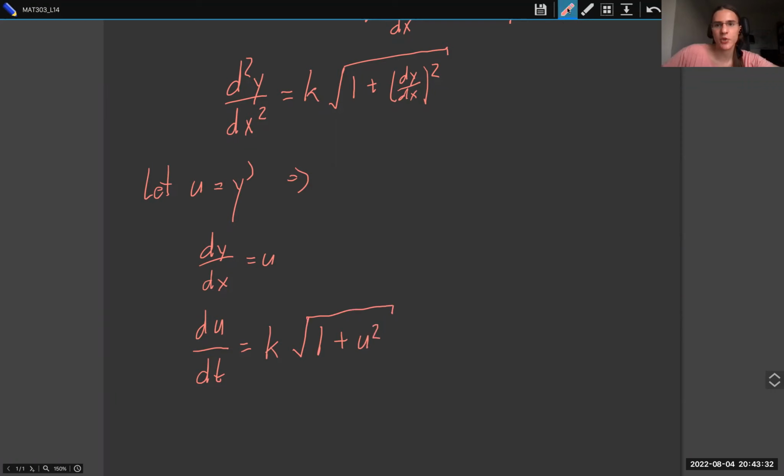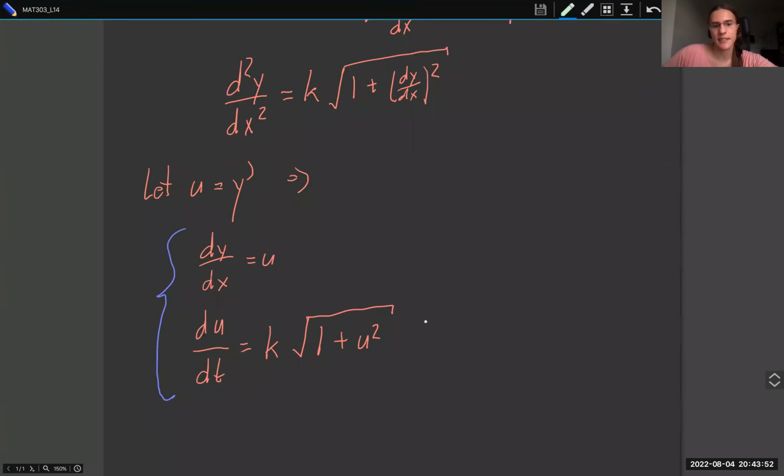And that reduces it to a first order system. But it's a nonlinear system because we have 1 plus u squared, so that's a bit annoying. However, what we can do is, this equation is independent of y, right? So we can solve this.